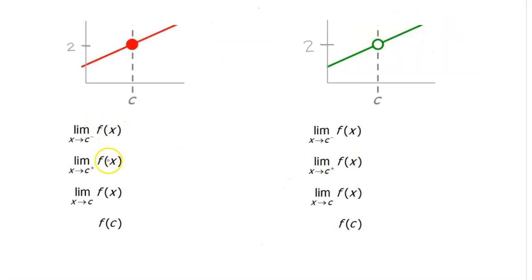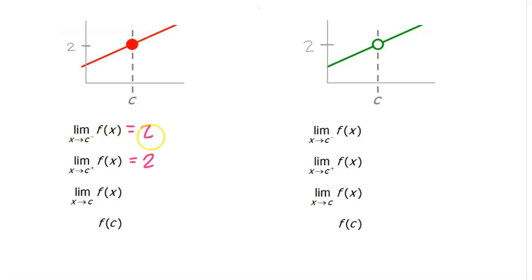Let's evaluate each one of these expressions. The limit as x approaches c from the left is equal to 2. The output values approach 2 as we get closer to c from the left. The limit as x approaches c from the right is also equal to 2. The output values again get closer and closer to 2 as we approach c from the right.